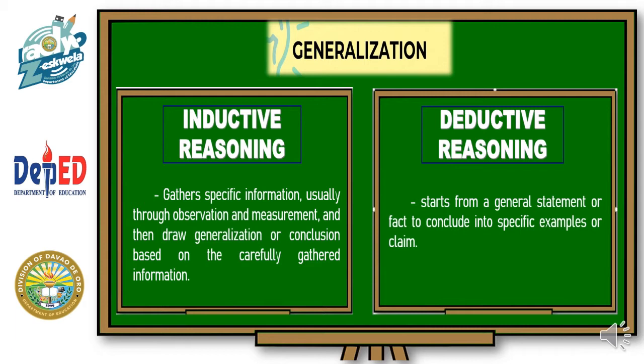While deductive reasoning starts from a general statement or fact to conclude into a specific case or situation. In other words, inductive reasoning comes from specific information to a general conclusion, while deductive reasoning uses general facts to a specific situation.